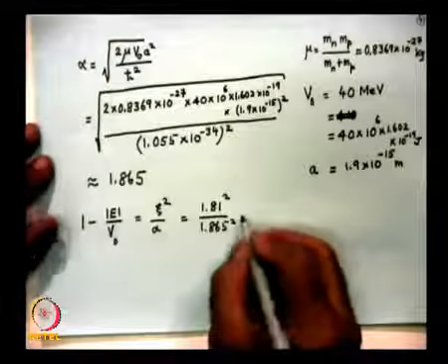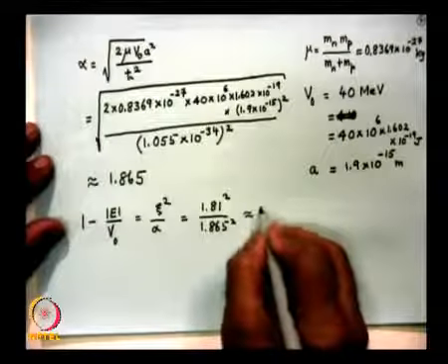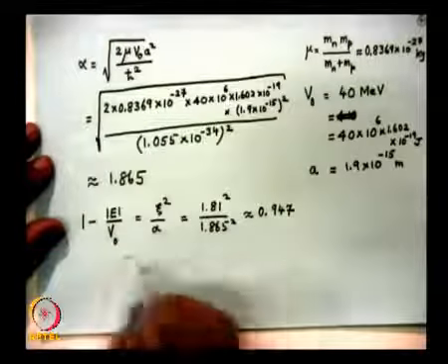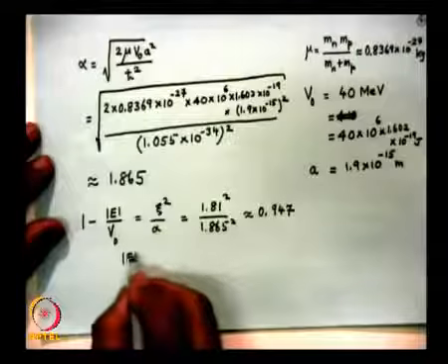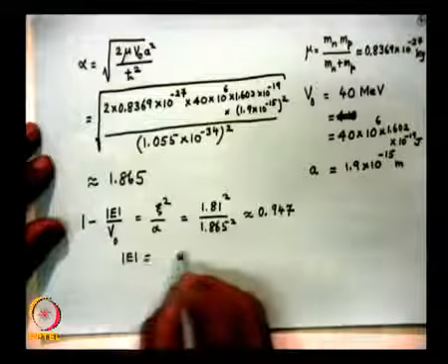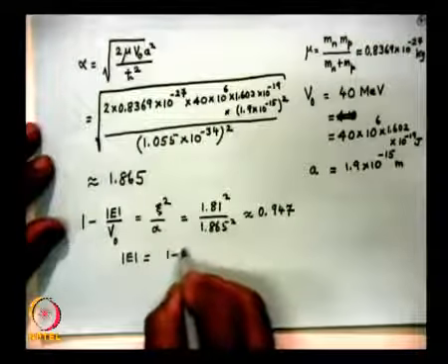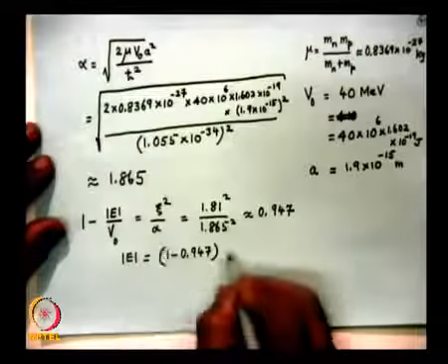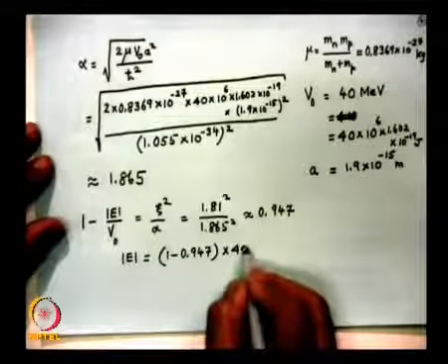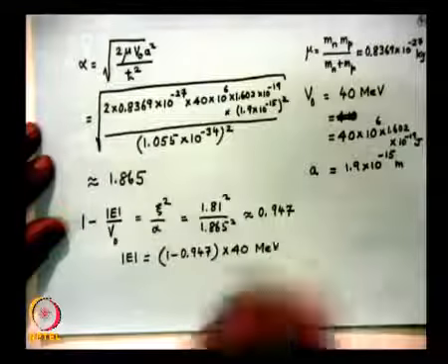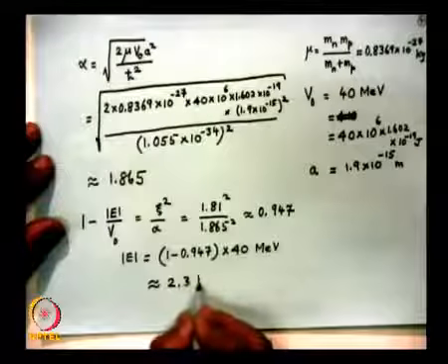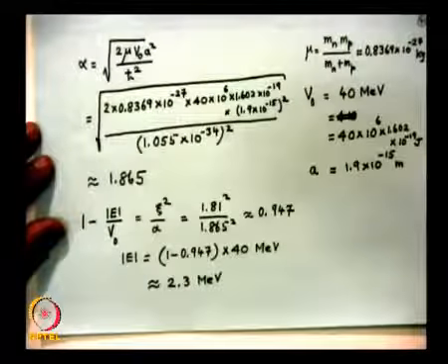If you divide this, you will find this is about 0.947, and you take E by V0 equal to 1 minus 0.947 into 40 MeV, and this comes out to be about 2.3 MeV.